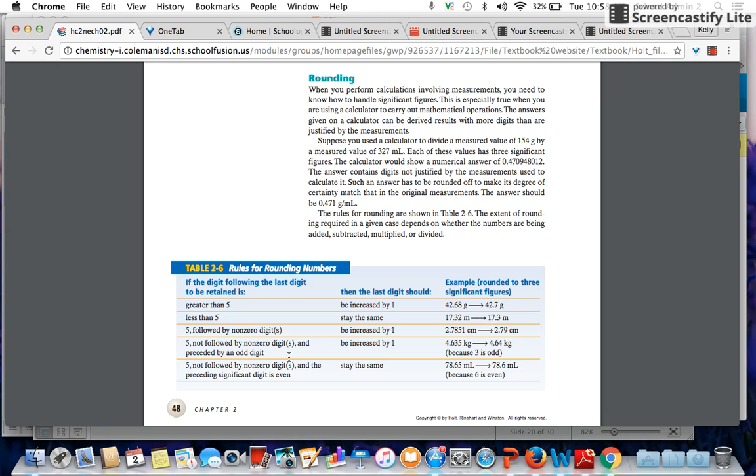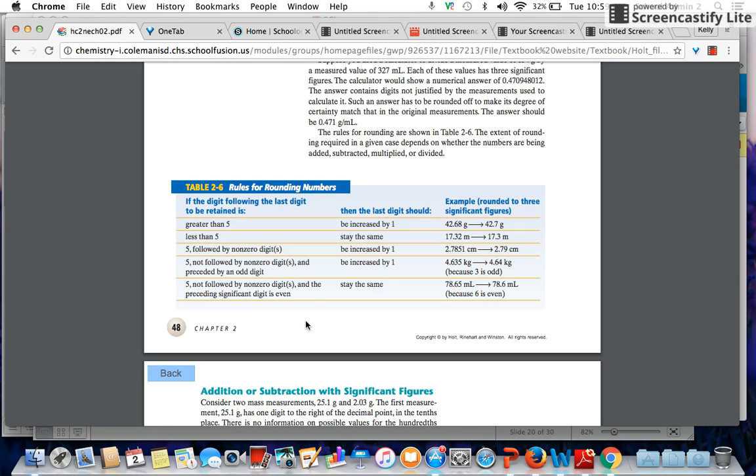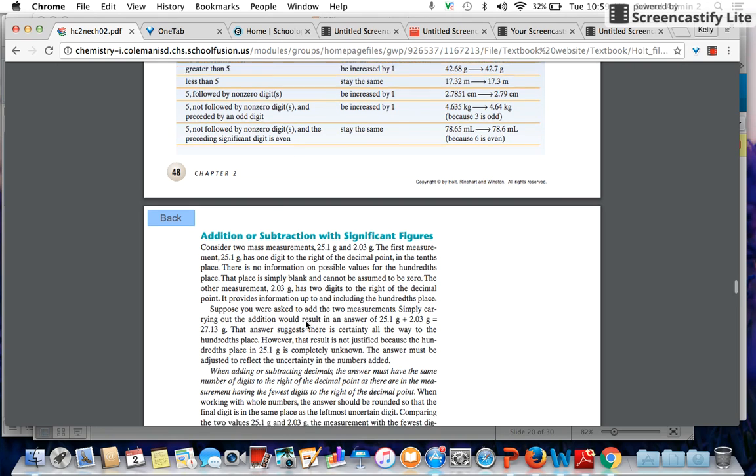Not followed by a non-zero digit and it's odd, you round up. And if it's not followed by a non-zero digit and it's even, then you keep it the same. So they're really complicated that way, but we'll just deal with greater than 5, you round up. Less than 5, you just drop that number, you round down.